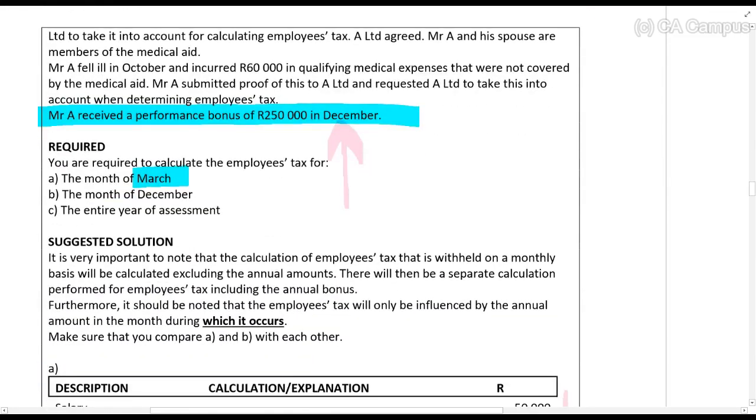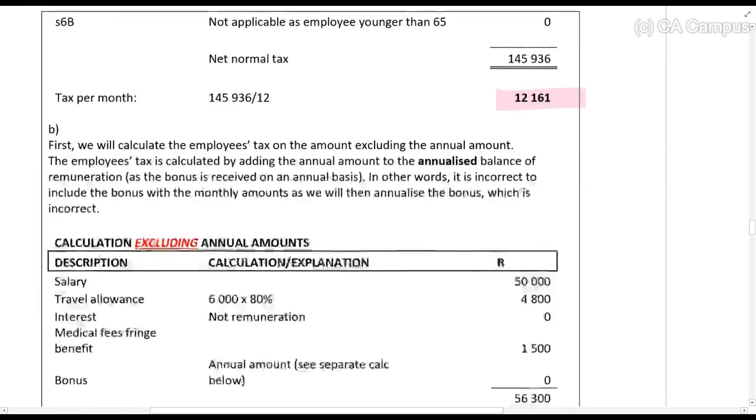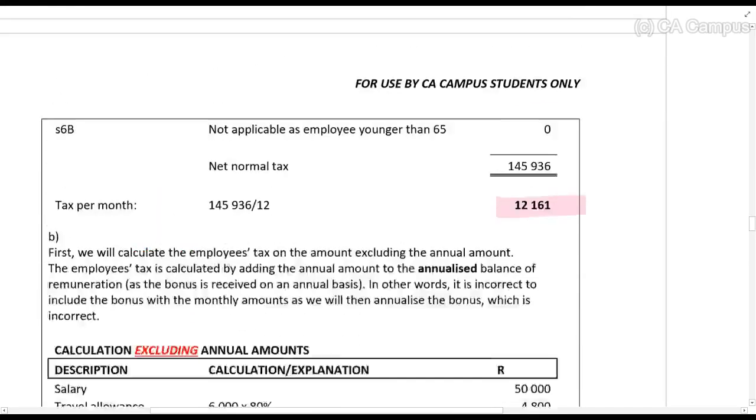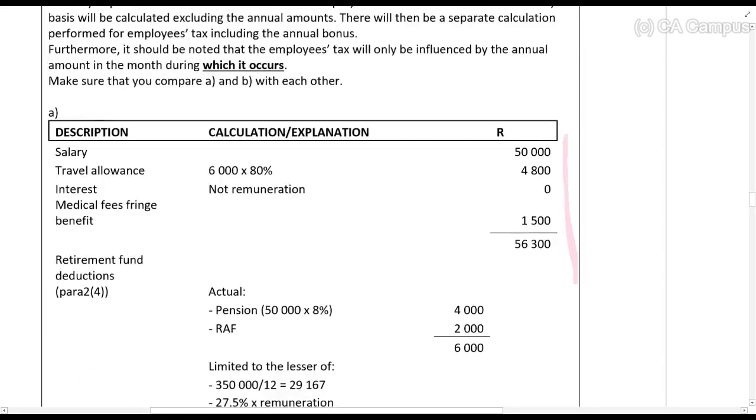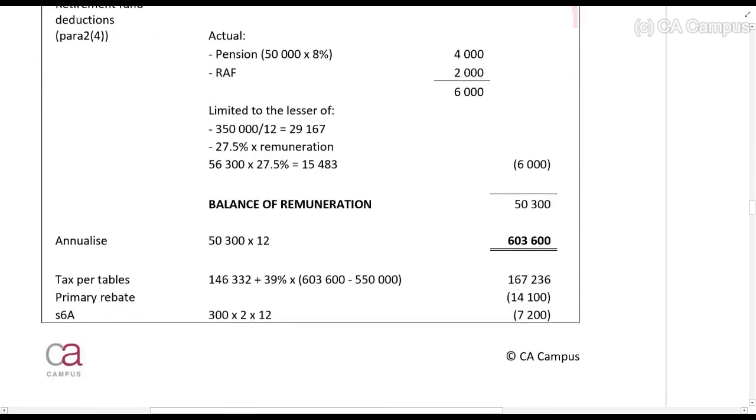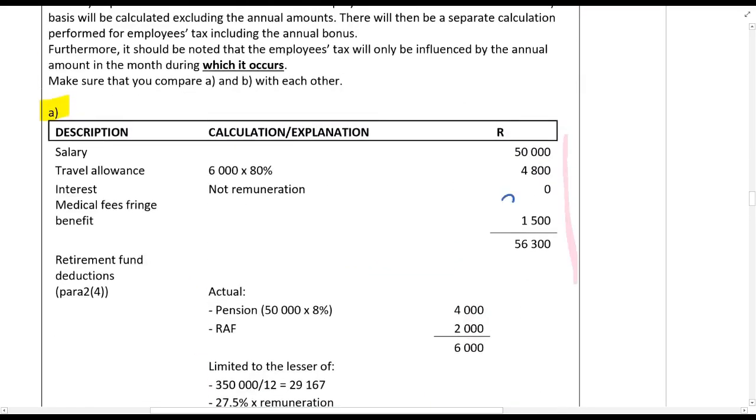Then I ask you to do it for December. Okay, so now I'll see what happens. When you do it for December, it's important to understand. Okay, if I take you back to just part A quickly here. Can you see here, we take this balance of remuneration and we multiply it by 12 to get the annual amount over there. You can't include the bonus here, right?